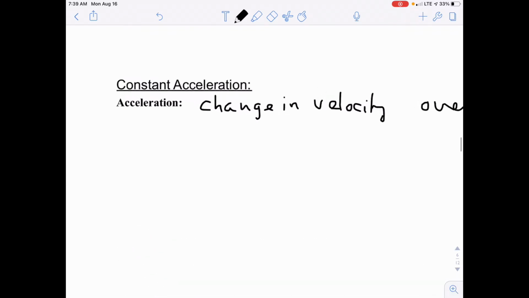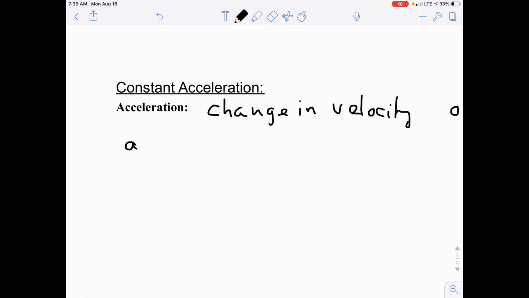Acceleration overall can be defined as a change in velocity over time. Now, I'm going to start with an equation before I get into what the variables are. The equation for it is A, which stands for acceleration, equals a change in velocity, delta.